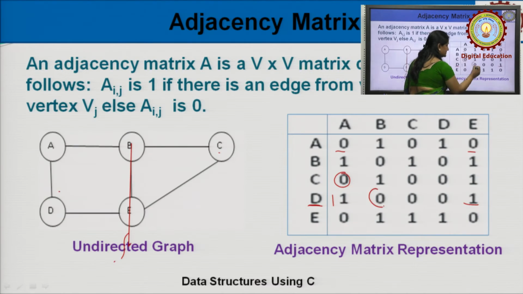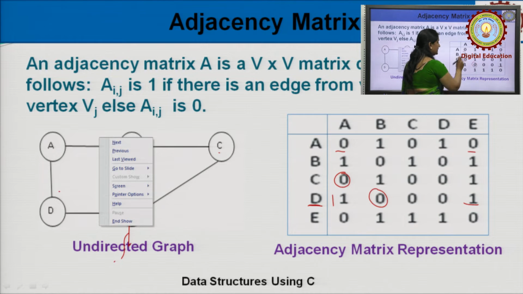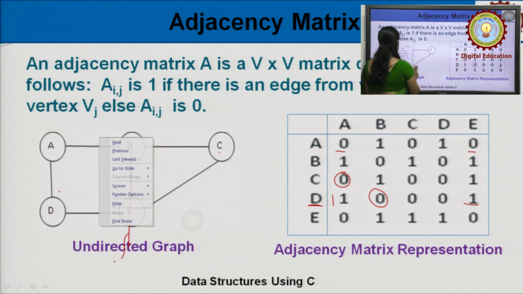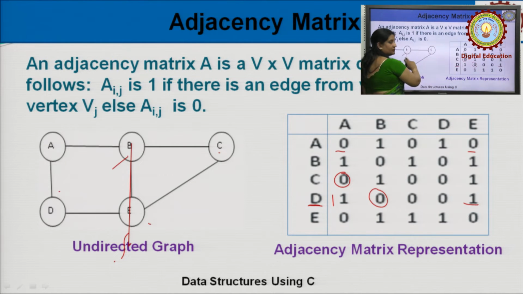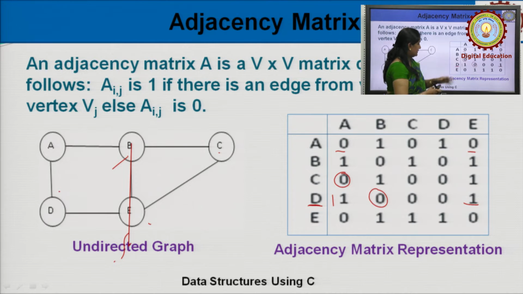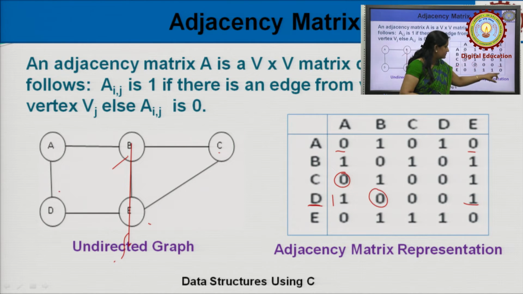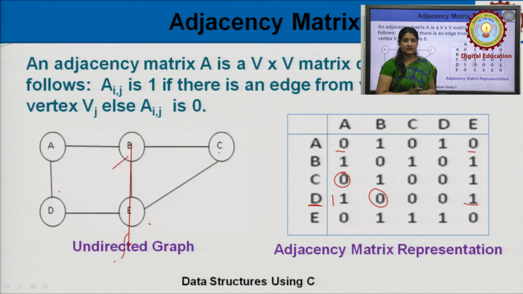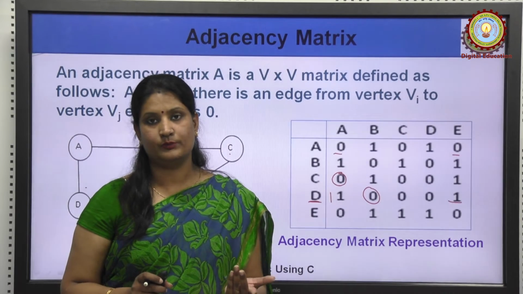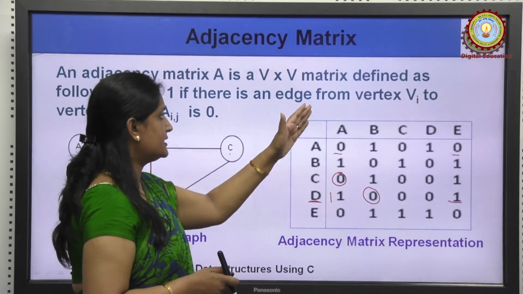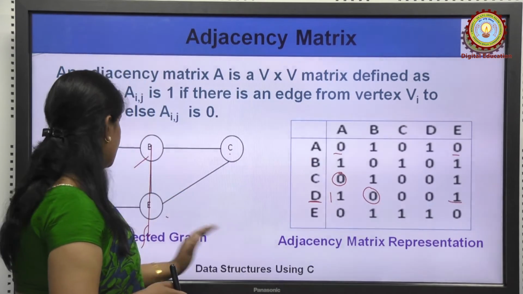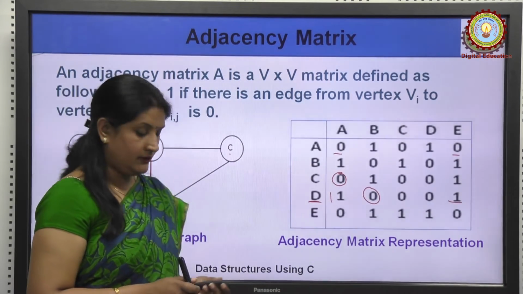Suppose D to B, there is no edge between D and B. And we can also see that all diagonal elements are 0. That means our graph does not contain any self loop. So, this is the adjacency matrix representation of the undirected graph.